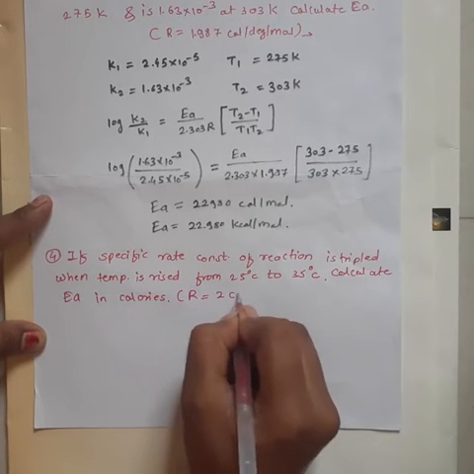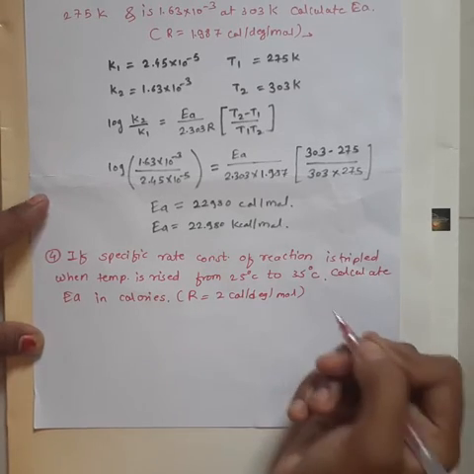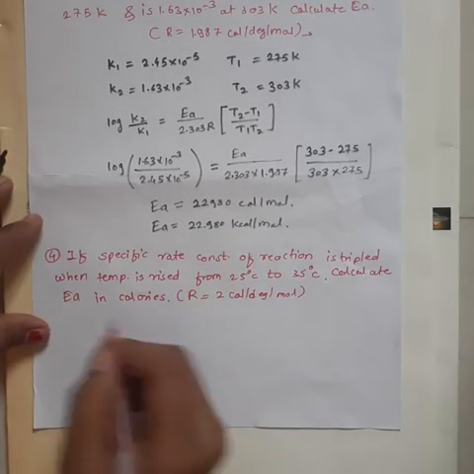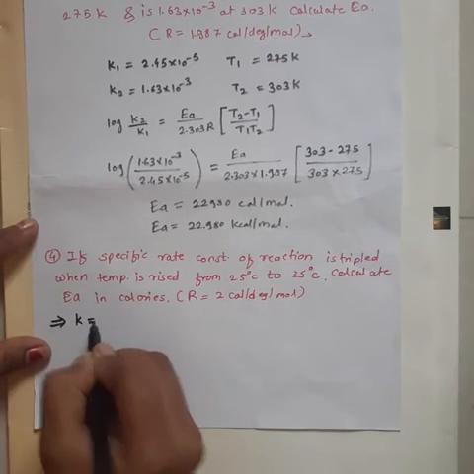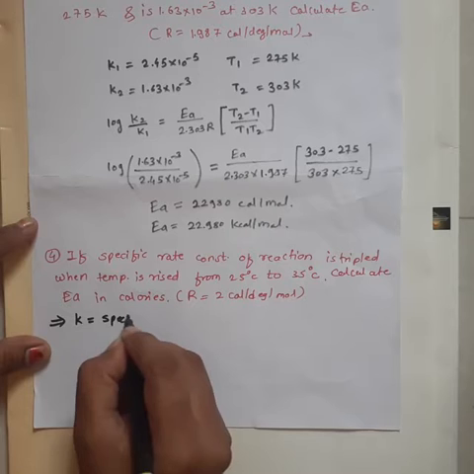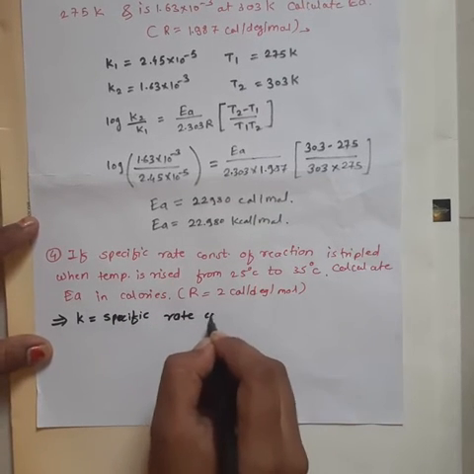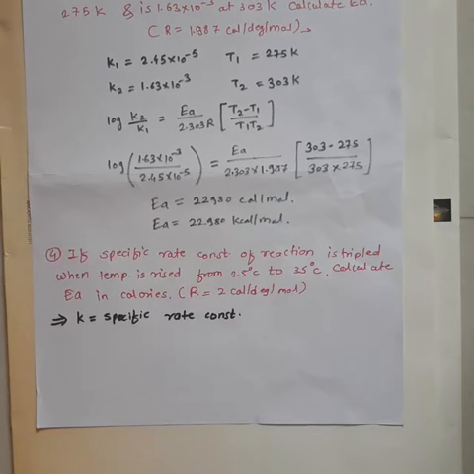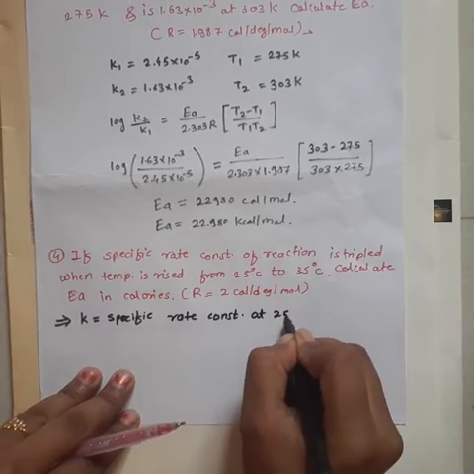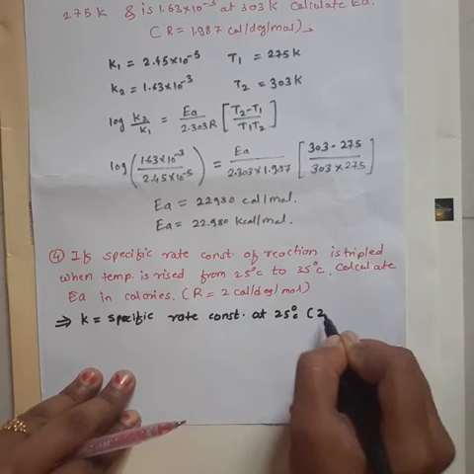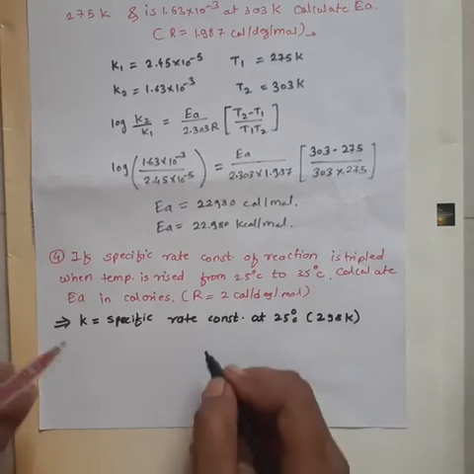R is equal to 2 calorie per degree per mole. What we have given: K is the specific rate constant at 25 degrees Celsius, which means 25 plus 273, that is 298 Kelvin.